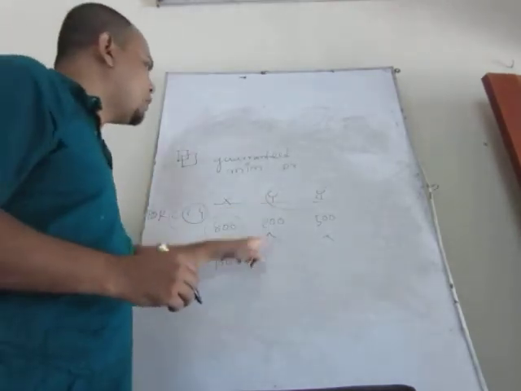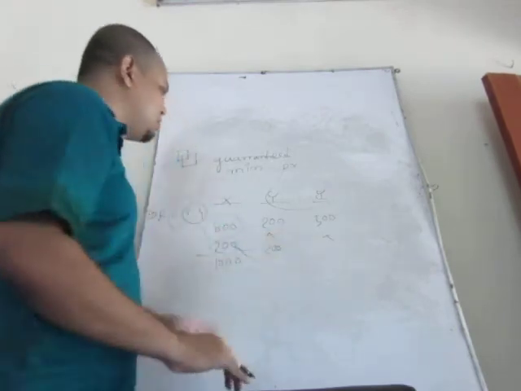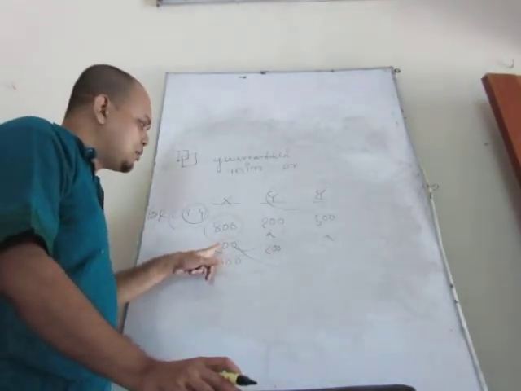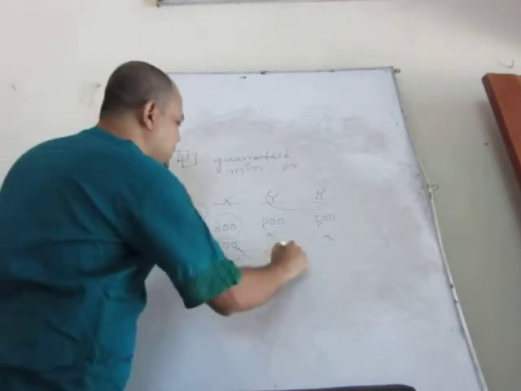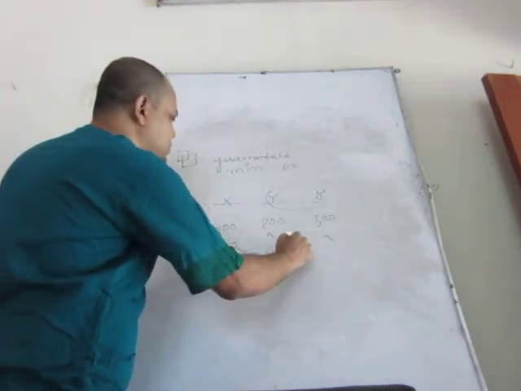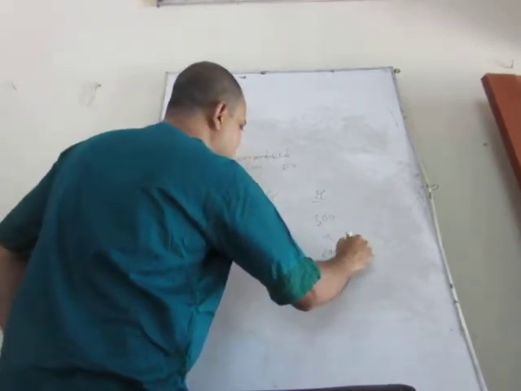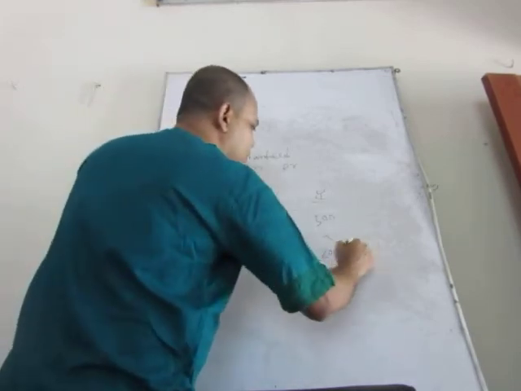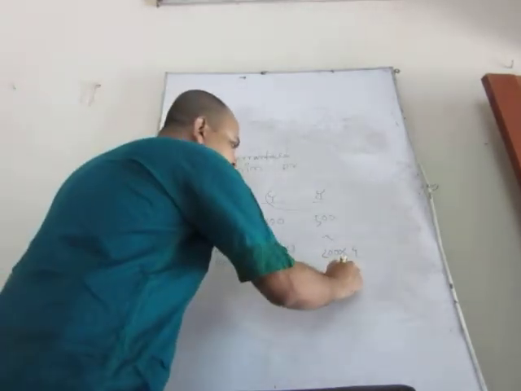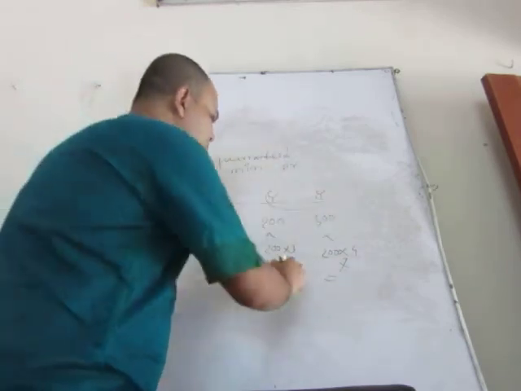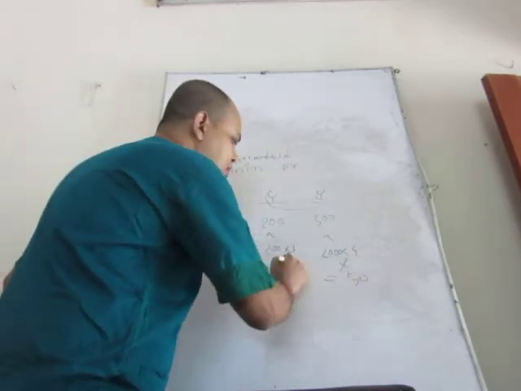So from this 200 total, Y should provide 3 by 7, and Z has to provide 4 by 7 of this 200. Clear? Suppose, for example, it comes to 150 and 50.